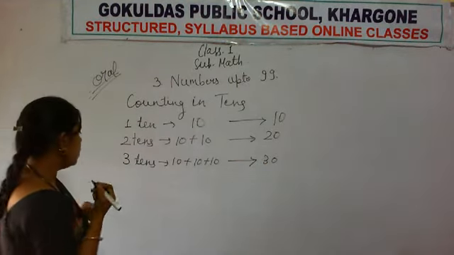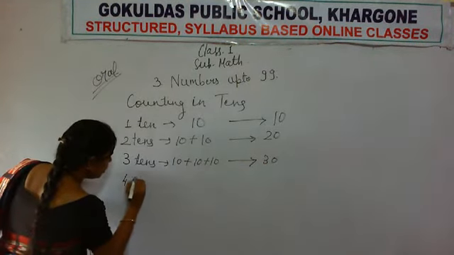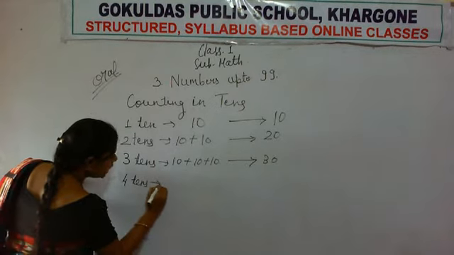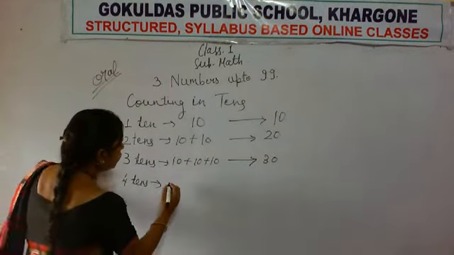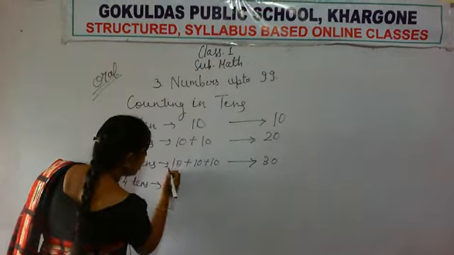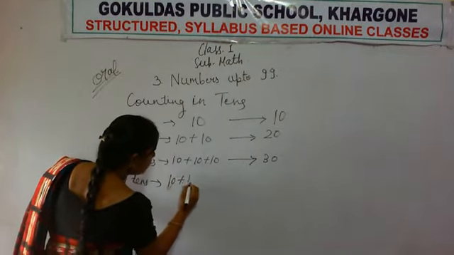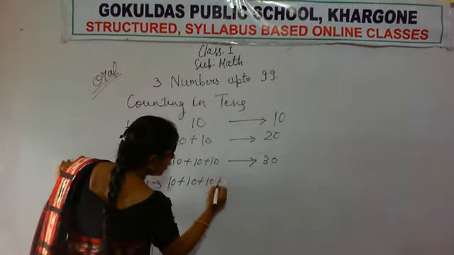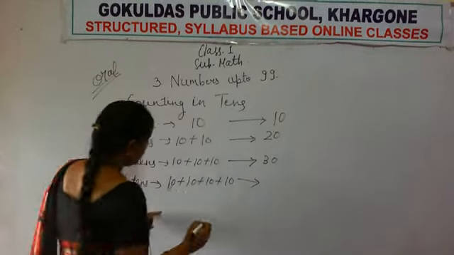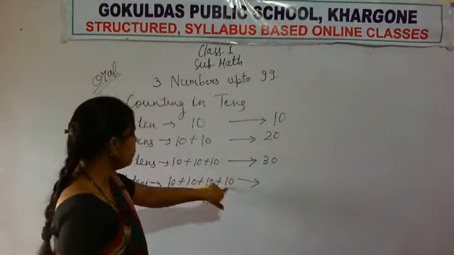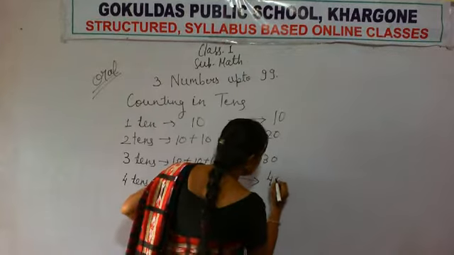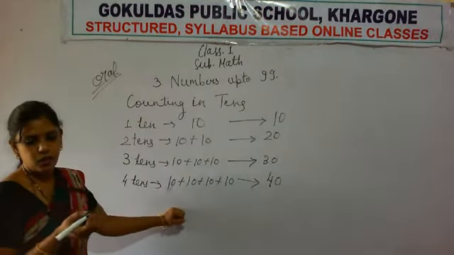Okay. Now if 4 tens are there, then it will become 40. How do we write it? 10 plus 10 plus 10 plus 10. Okay. 10, 20, 30, 40. So 4 tens will become 40.